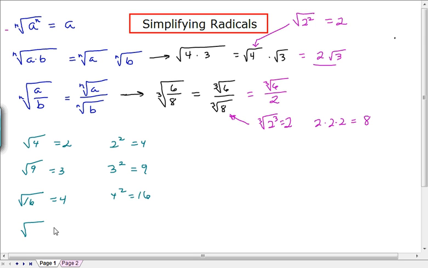And the square root of, well, what? The square root of something is 5. What is that? Well, 5 squared is 25. So it must be the square root of 25 that is 5.